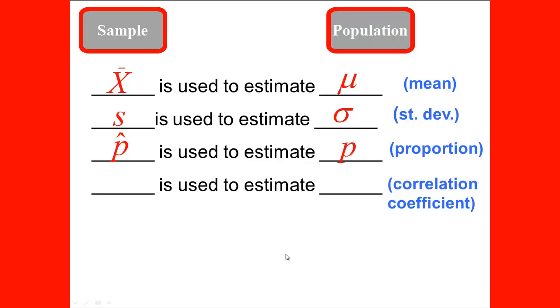And for the correlation coefficient, r is used to estimate rho, which is the Greek letter that looks like a P. But notice it's got a little different shape to it. And of course, since we're dealing with proportion, we're going to be talking about P and P hat.